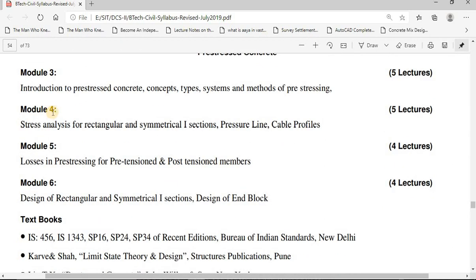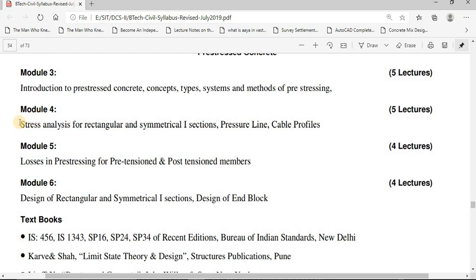Further, you can see in module number 4 we are going to study stress analysis for rectangular and symmetric I section, pressure line and cable profiles. So we know that whenever we apply a load on any structure, there will be stresses which are going to develop. Based on that stress only we are going to design the structure.